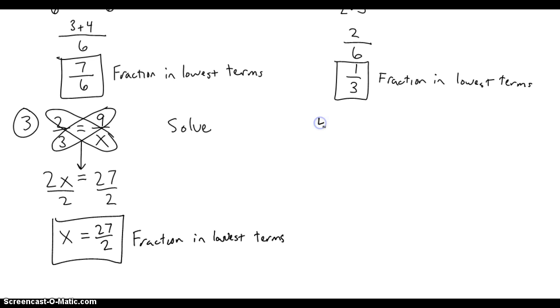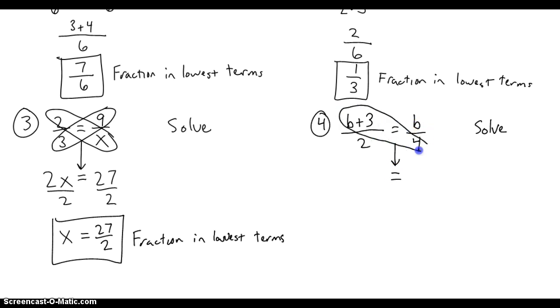And the last example we're going to go over. b plus 3 over 2 equals b over 4. Again, we have an equal sign, so we're going to solve. To solve, I'm going to drop my equal sign straight down, and I'm going to cross multiply again. I'm going to take b plus 3 times 4.